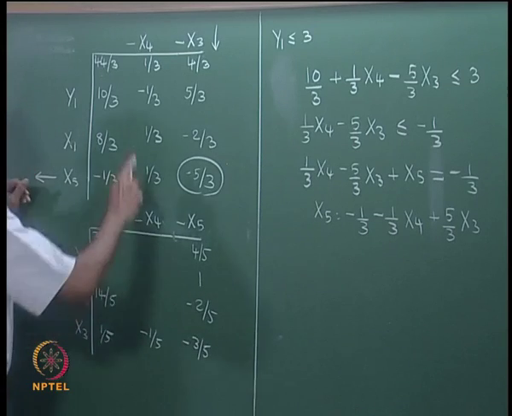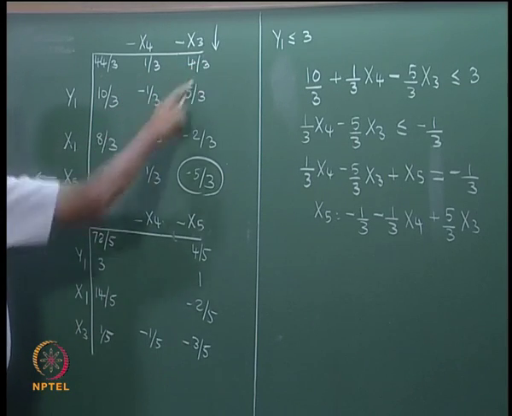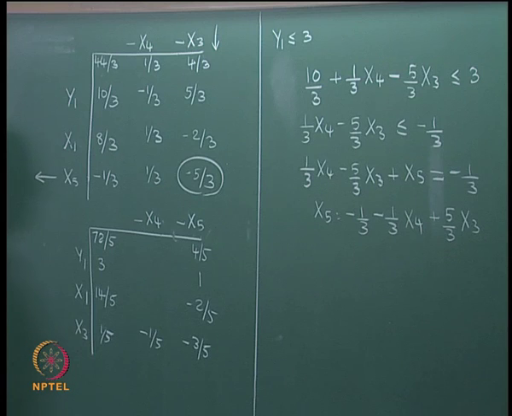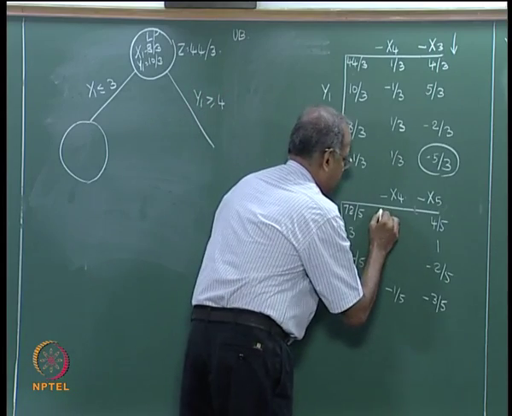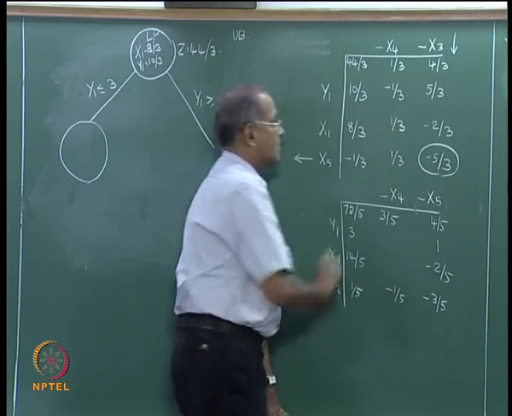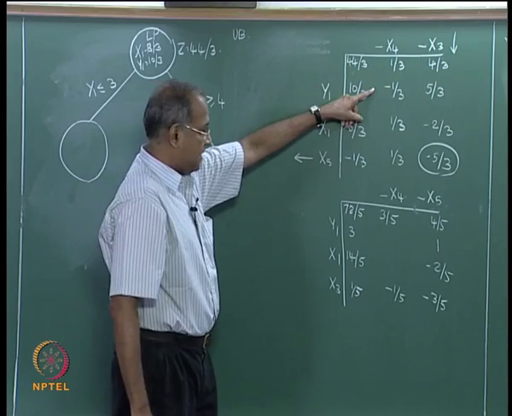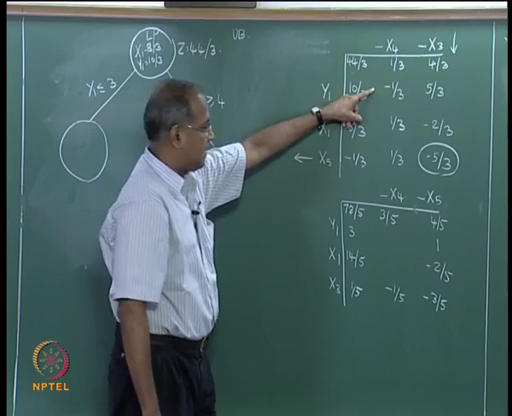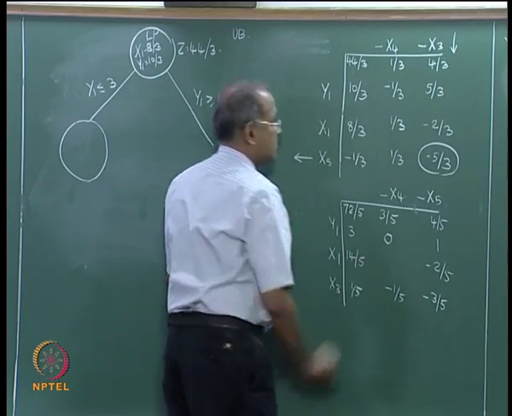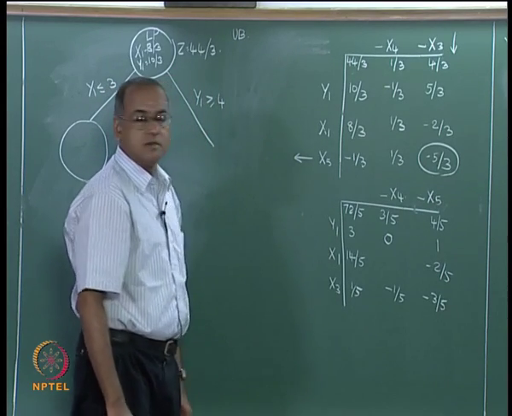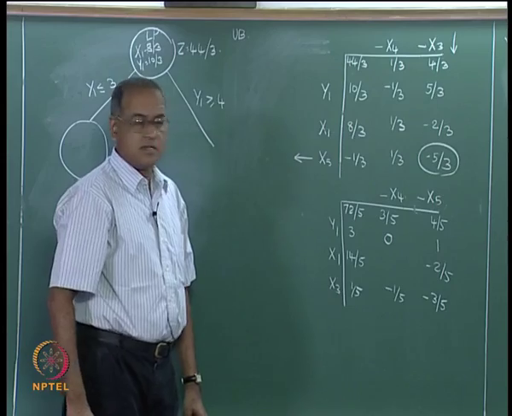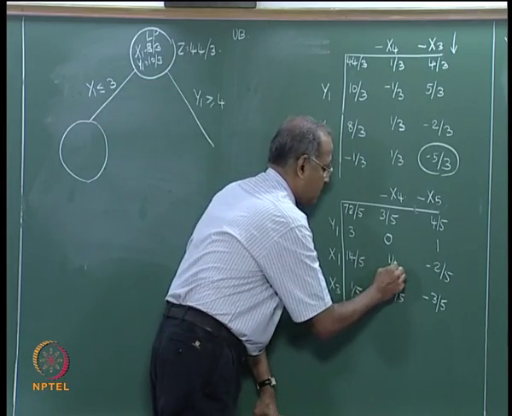Now, this one is 1 by 3 plus 4 by 15, which is 9 by 15, which is 3 by 5. This is minus 1 by 3 plus 1 by 3, which is 0. This is 1 by 3 minus 2 by 15, is 3 by 15, which is 1 by 5.